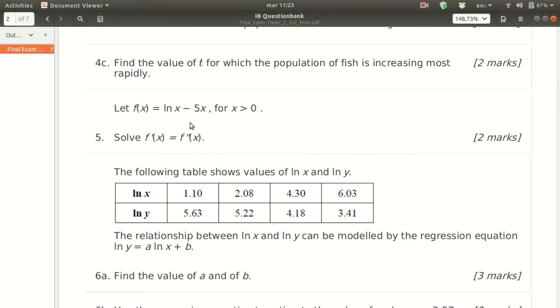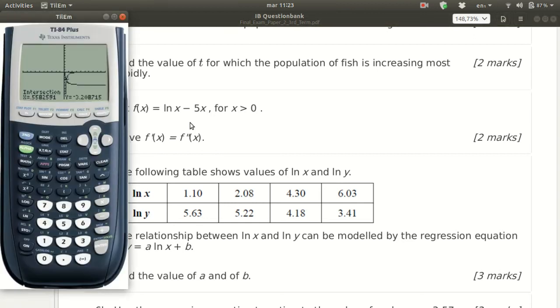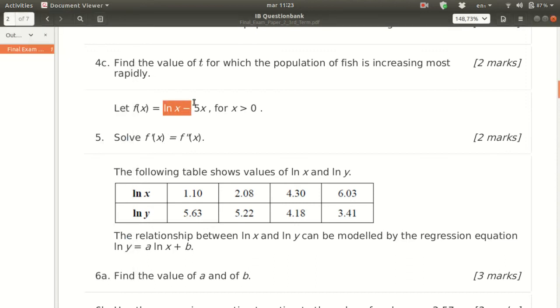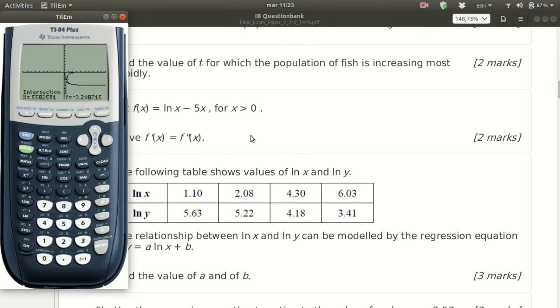You can't have the natural logarithm of a negative number. Now, if you look at the solution, even the calculator knows to only graph positives because it knows that it's finding the derivative of a function that has a domain that is x greater than 0. So it was only the positive answer, okay?